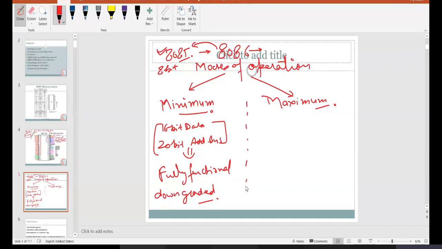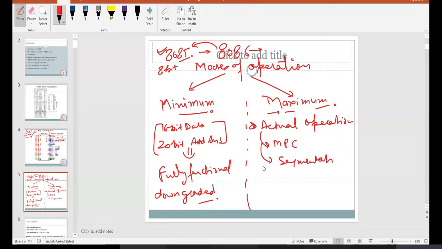But if we want the actual operation of 8086 to be selected, then we have to select the maximum mode. Then the actual operation of 8086, either multiprocessor communication, or segmentation, or something related to pipelining, or multitasking, parallel processing, lots of stuff.